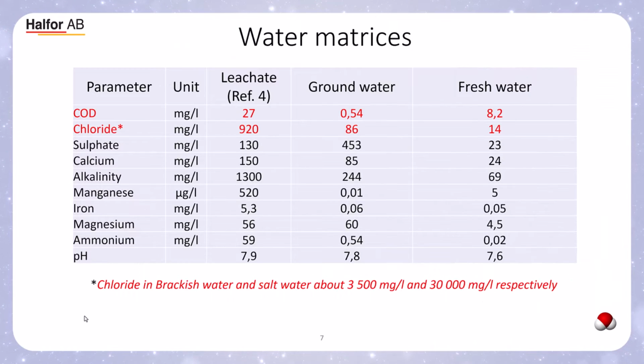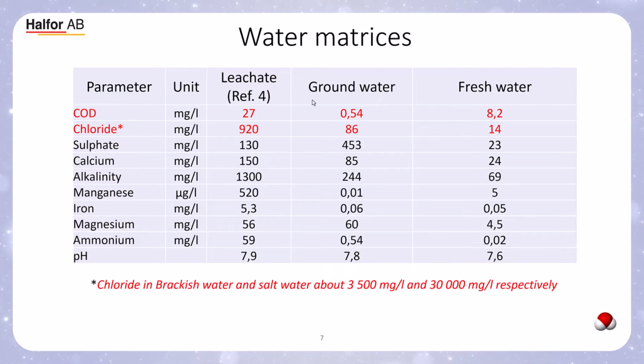The water matrix will play a part in how well you can separate your PFAS substances, and also if you have other treatment steps that you need to take into consideration, the water matrix will play a very important role in how successful you are. I have chosen 3 different types of water here. One leachate water, which is reference 4, and the reference you will find at the end of this video.